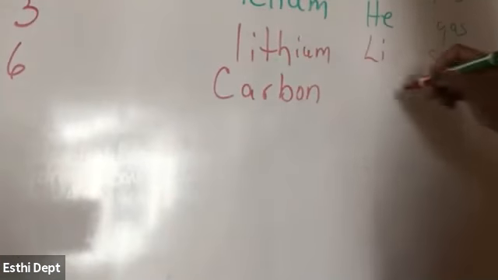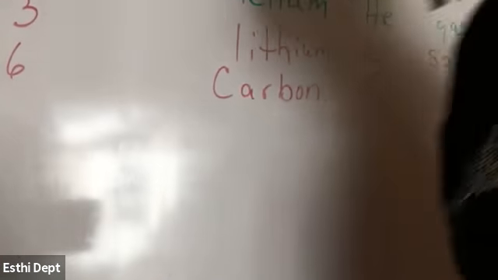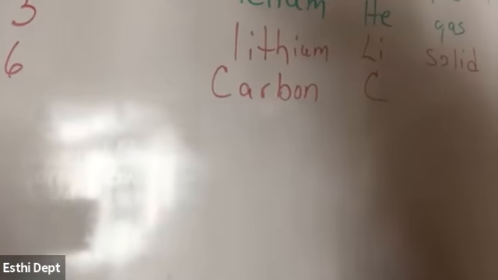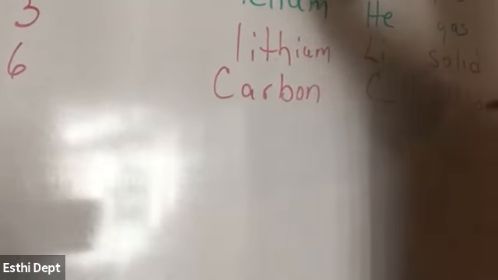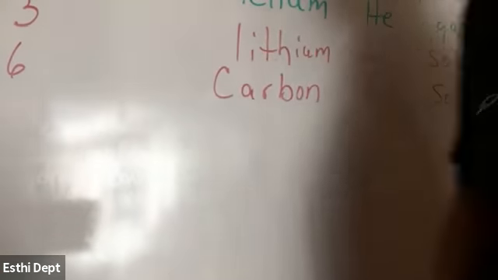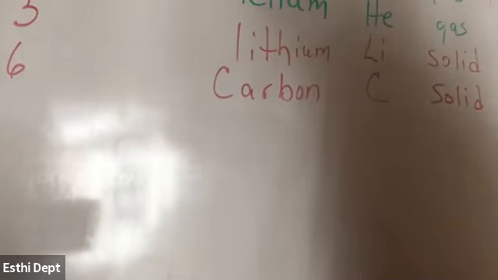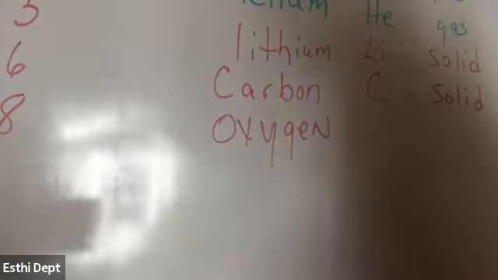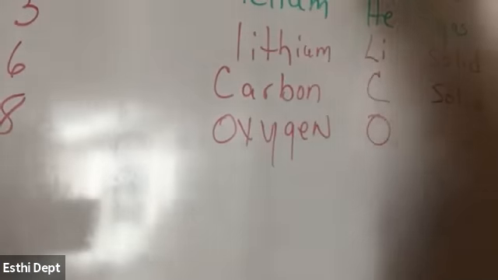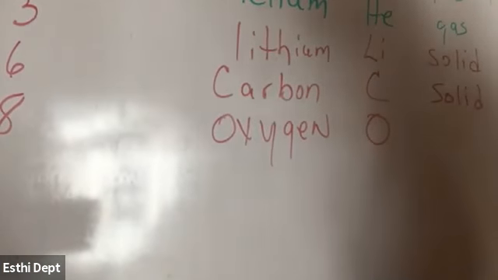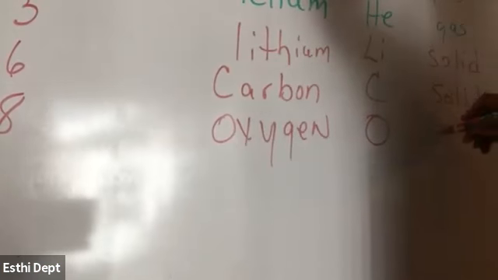And the abbreviation for that, we know, is C because it's part of the COHNS. Okay. And the category is solid. Eight is oxygen. What's the symbol for oxygen? O. And it is a gas.